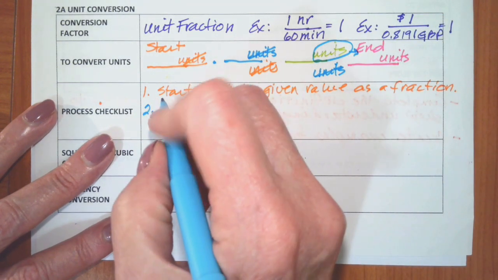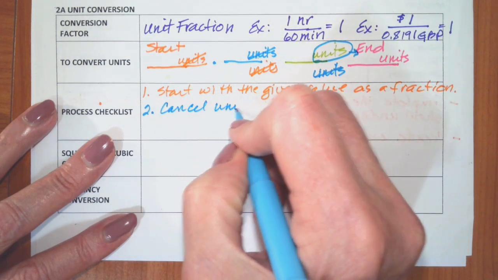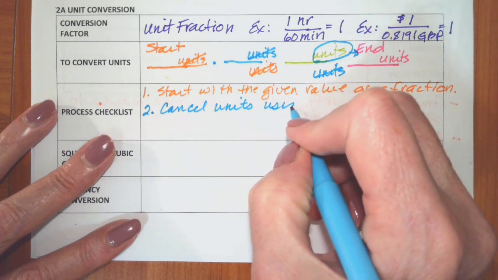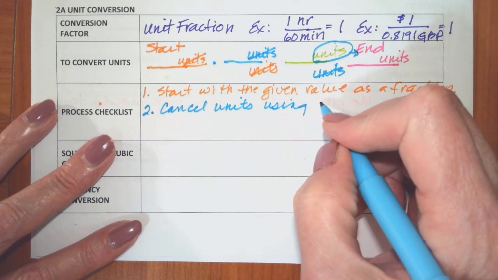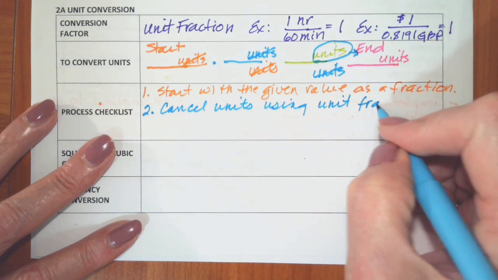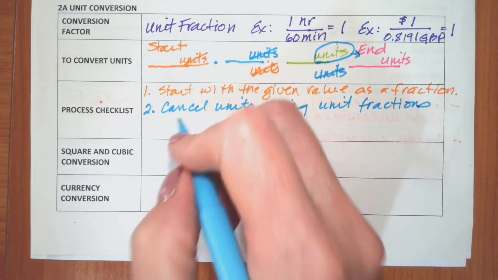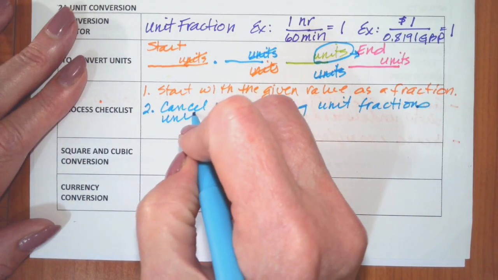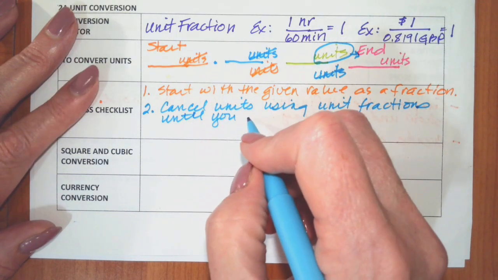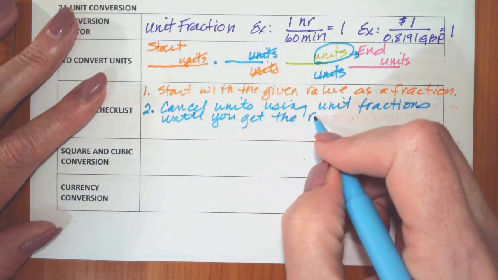Then you are going to cancel the units using unit fractions until you get the requested units.